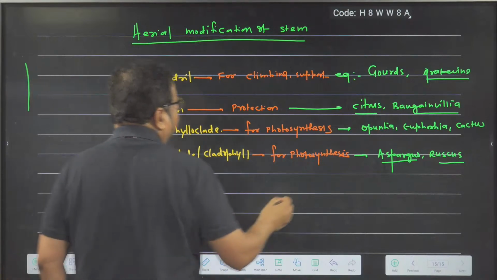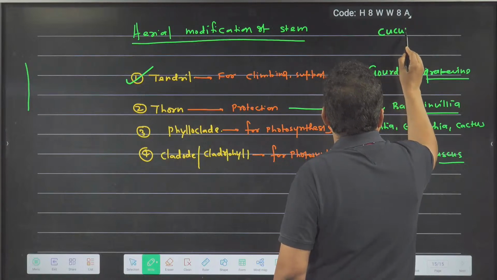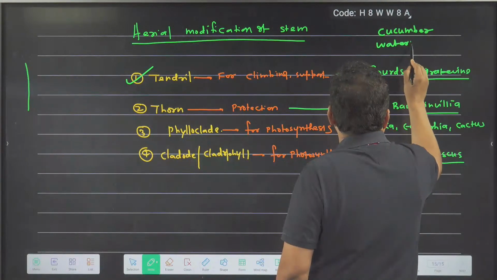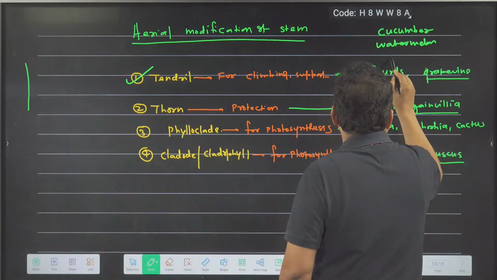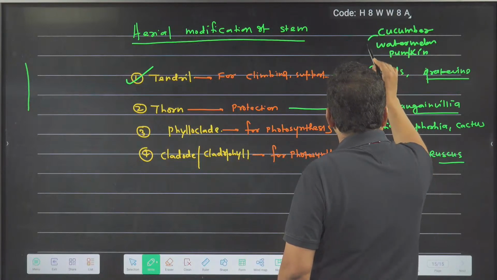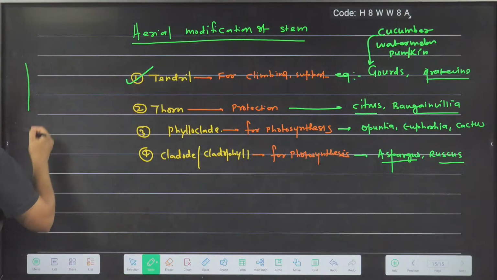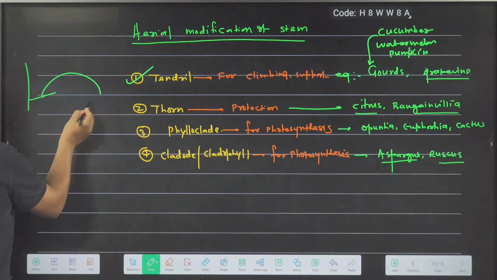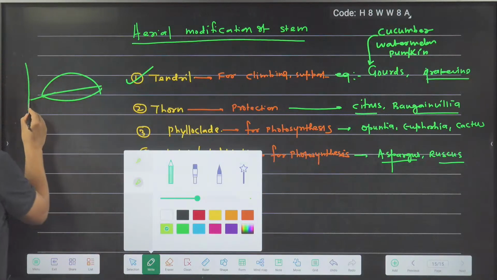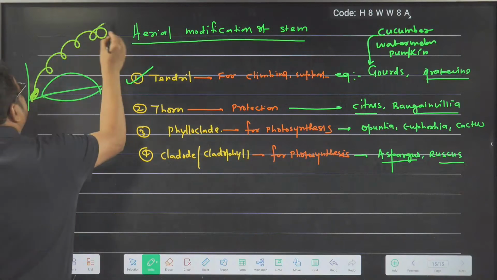In gourds, this is the leaf, and here is the axillary bud. Now what happens? This axillary bud gets modified into a tendril.